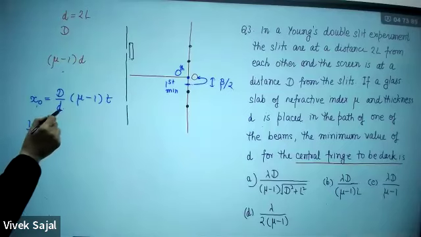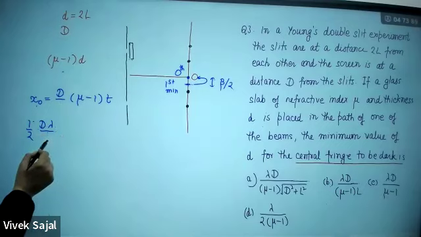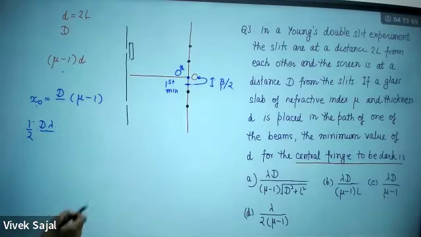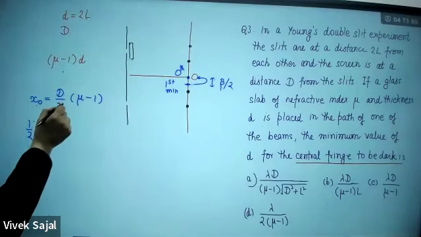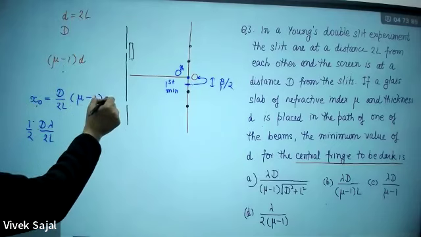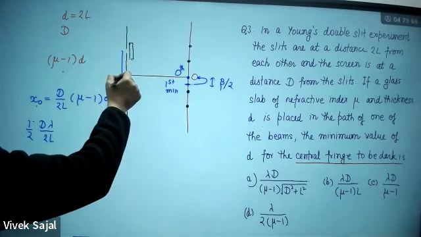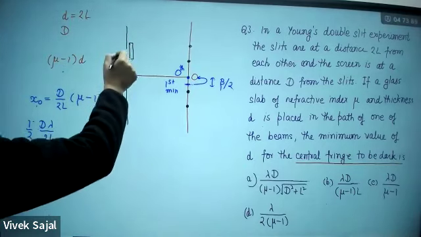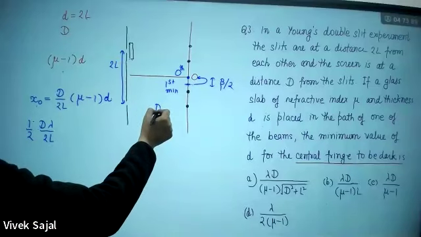Here they are saying, in place of this D, this is small d, they are saying small d is equal to 2L. So I'm writing 2L here, 2L here. And they are saying thickness is d. In the question it is given: this is 2L and this is d.